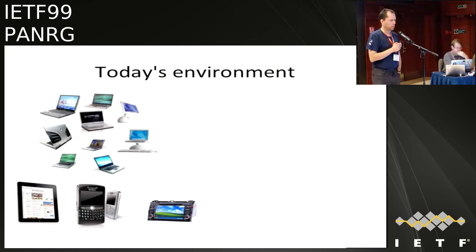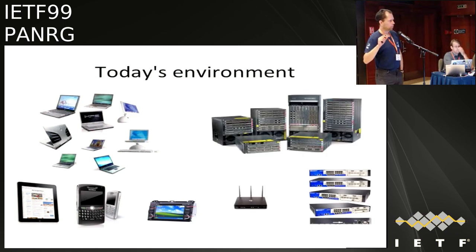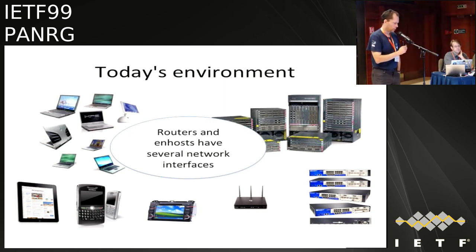Today, if you look at the CPU of the end host, it's very likely much more powerful than the CPU of the control plane of the routers that reside in your network, because we don't put the same CPU in the routers as the one that we put in the end host. So the environment has changed, and both the routers and the end hosts have several network interfaces, and we have to keep that in mind.